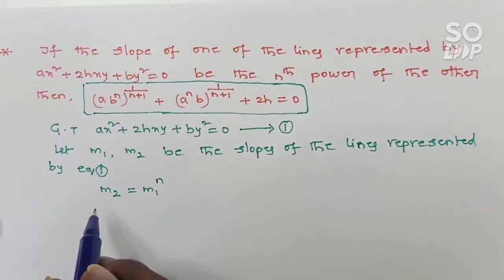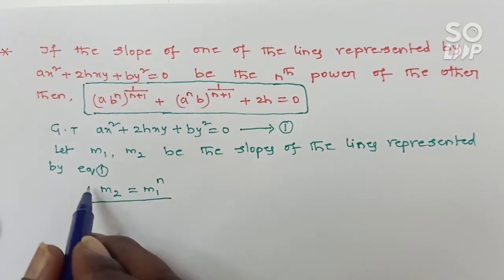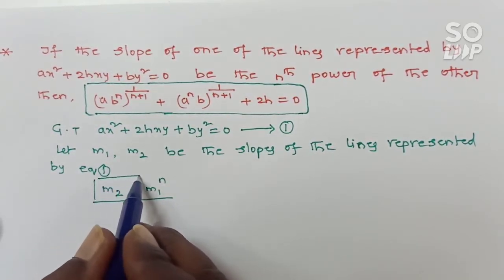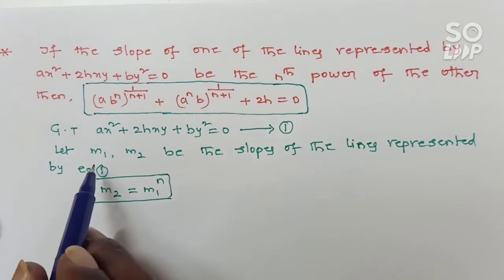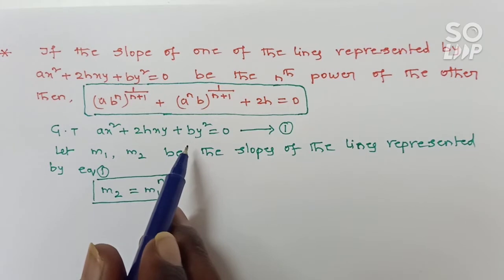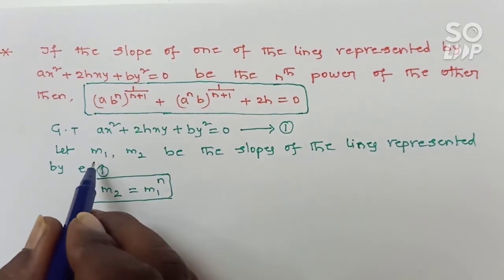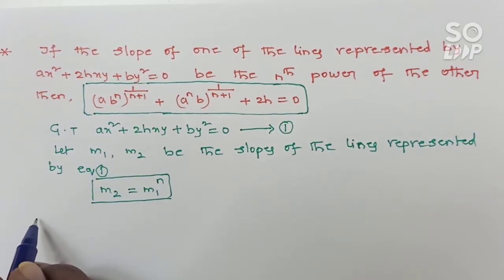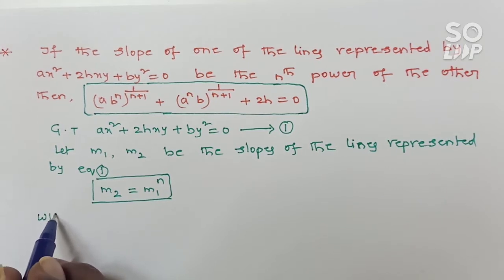This is the given condition. If m1, m2 are the slopes of the lines represented by this equation, you already know the relation between the slopes.